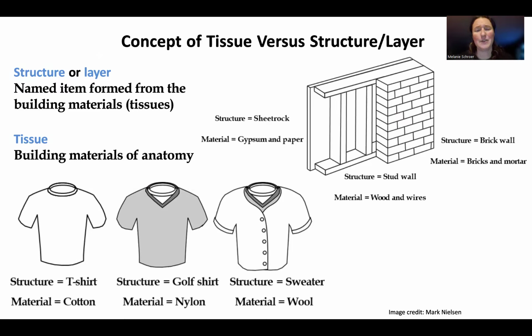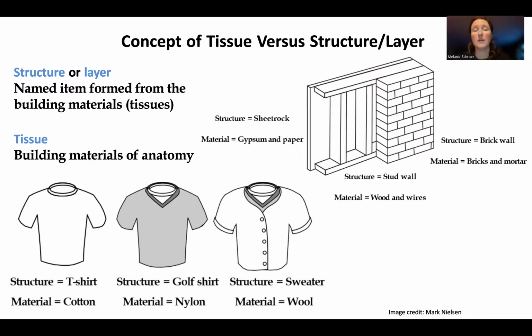Another example, here is a wall. On the inside, what we would paint, put pictures on, whatever, that is sheetrock, nice and smooth, takes up paint pretty well. We have kind of like scaffolding in the middle made of wood, a stud wall, and we have brick on the outside, really durable to the elements outside. And so each of these parts of the wall, we call them something different, right?